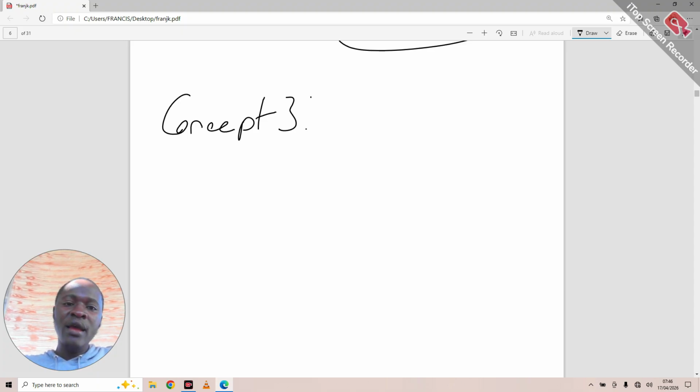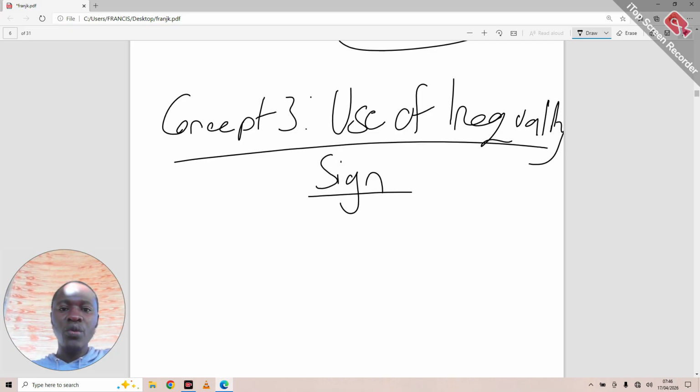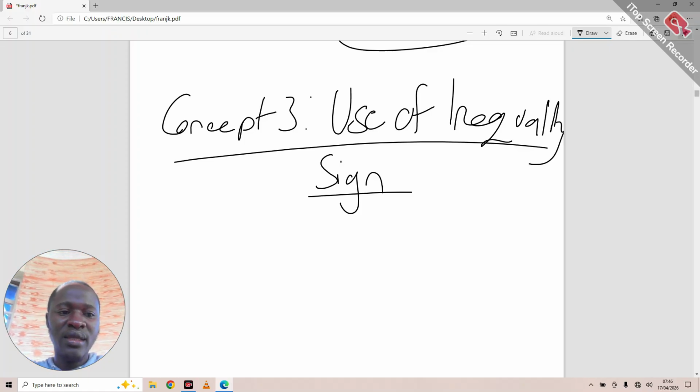Concept number 3, which we shall look at in our next class, is the use of inequality signs. We shall look at this when we meet.